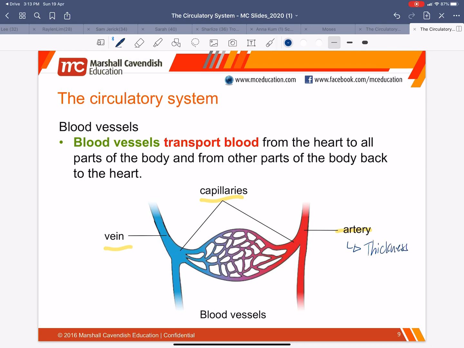It is muscular in order to withstand the high pressure of blood, because it connects to your heart, or rather it's the main vessel that delivers blood to all parts of your body. It needs to be able to withstand the high pressure that is generated by the heart.